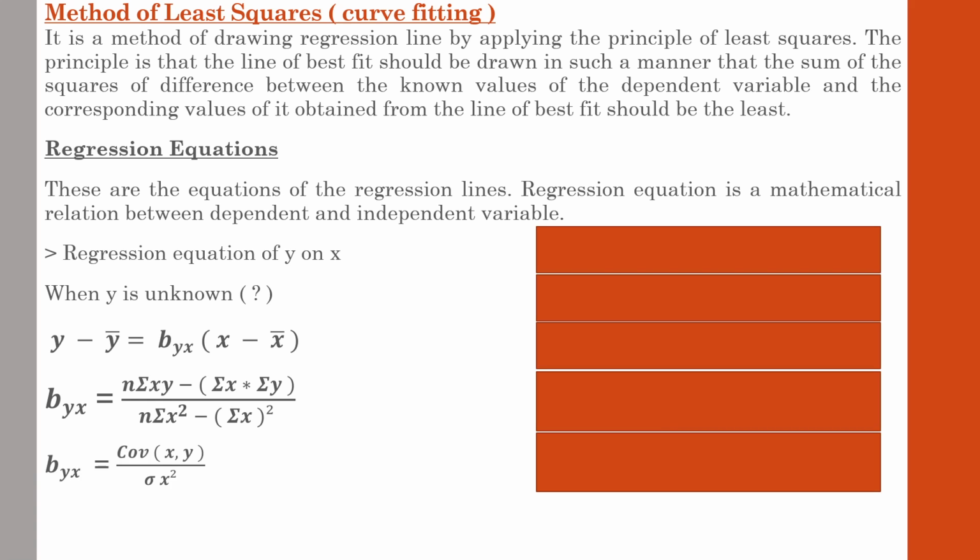Sometimes you may be using another equation for finding byx, that is covariance of xy divided by standard deviation of x square. I hope you know what the covariance of xy is and how to find the standard deviation of x square.